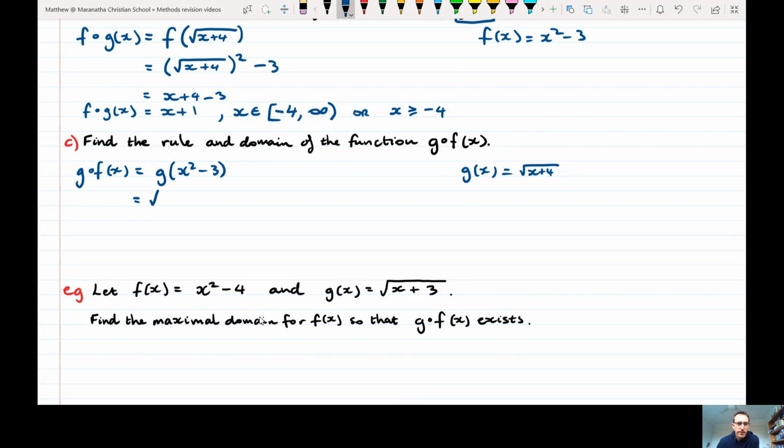So square root of, instead of x, I'm going to write x squared take 3, and that plus 4 still stays at the end there. I should actually highlight this as we go so you can see it a bit more clearly. Nope, the highlight is not going to work for me. That's fine, you get the gist. And now we simplify it. -3 plus 4 is 1, and we get that for our rule. There is the rule for g of f.